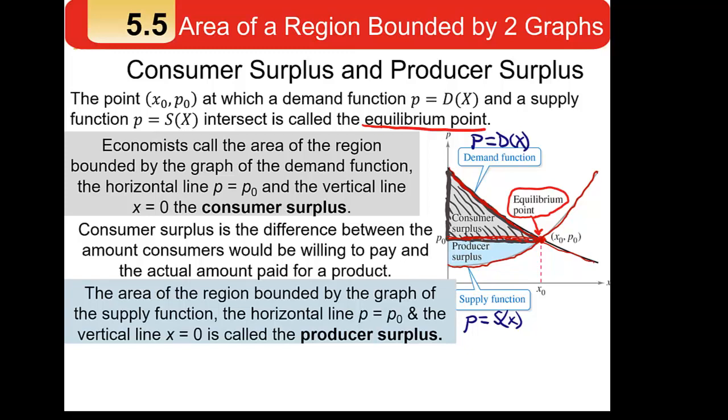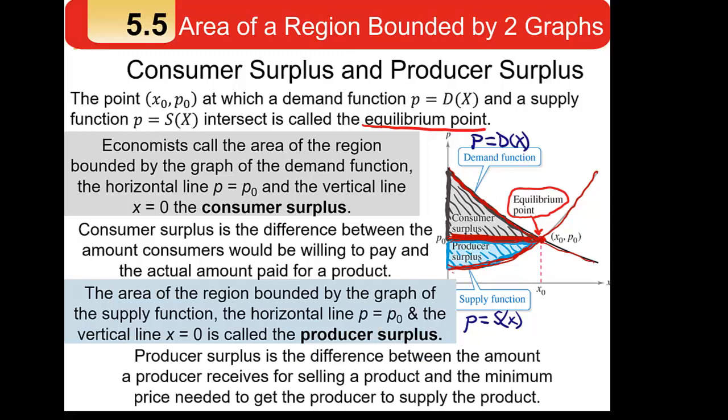And then the area shaded below it, labeled producer surplus, is that area right there. That's the area below the horizontal line P equals P sub 0, which is the y-coordinate of the equilibrium point, and above the supply curve. That area is the producer surplus.